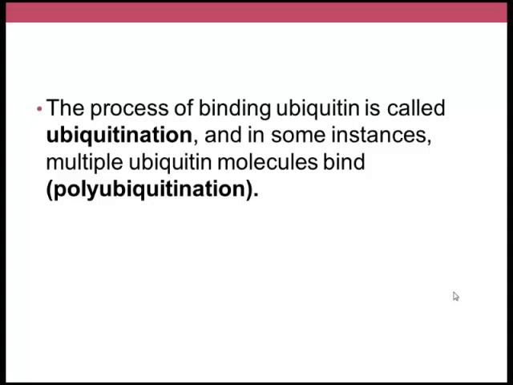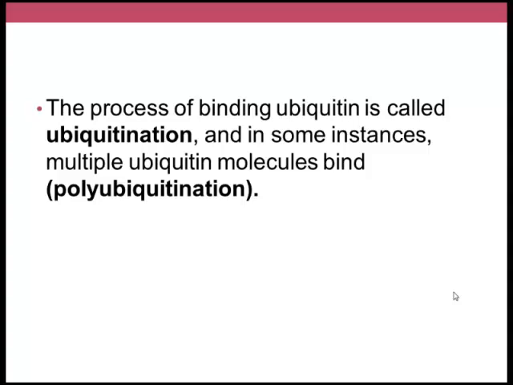Again, we have a definition of ubiquitination. Ubiquitination is the combination of the ubiquitin protein with a certain protein, and the result of this binding is marking this protein for degradation. Sometimes multiple ubiquitin molecules bind to a certain protein, and this process is called polyubiquitination.